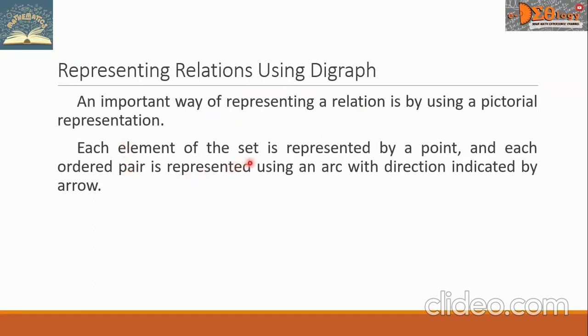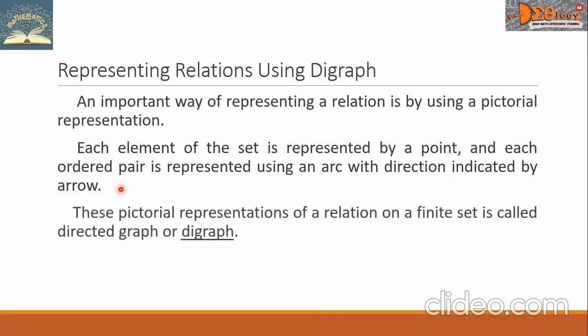Each element of the set is represented by a point, and each ordered pair is represented using an arc with direction, indicated by arrow. These pictorial representations of a relation on a finite set is called directed graph or digraph.